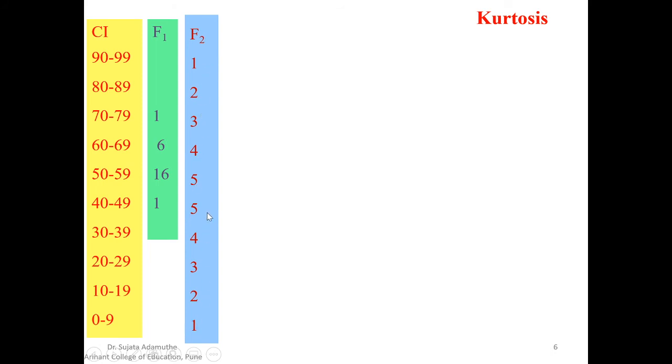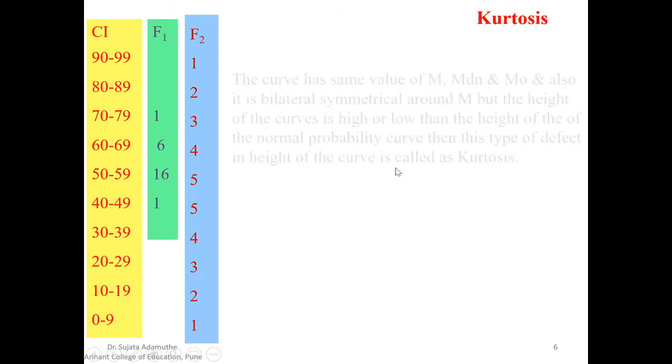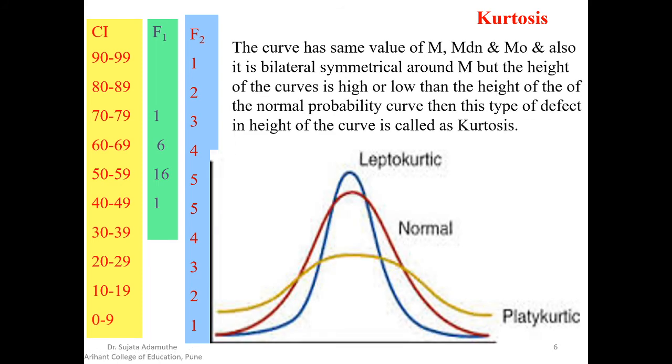If we plot the curves of these groups, we observe that this is the normal curve. If we see the normal probability curve, it will come like this. But one curve is like this, one curve is like this. That means if we observe the first group's frequency, it will come 16 here, and immediately 6 and 1 on each side.